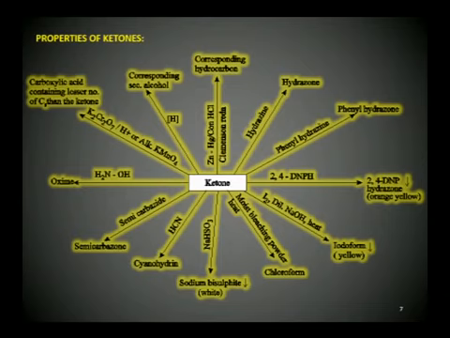So in these properties of ketones, we can see those common reactions that we had seen in aldehydes and ketones. That is, reaction with HCN, sodium bisulfite, hydroxylamine, hydrazine, phenylhydrazine, and 2,4-DNP, that is 2,4-dinitrophenylhydrazine. All these are common reactions where we can see a similarity in the formation of products.